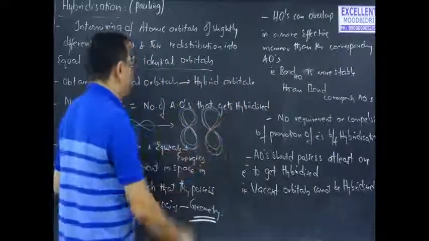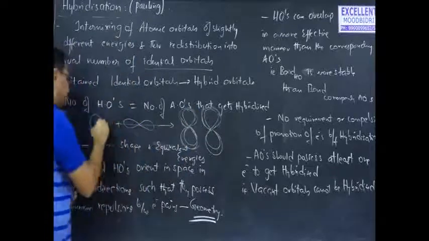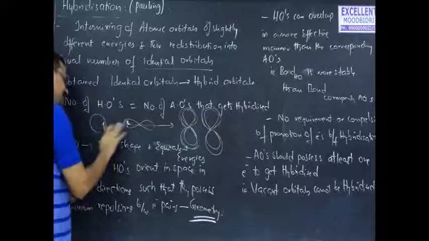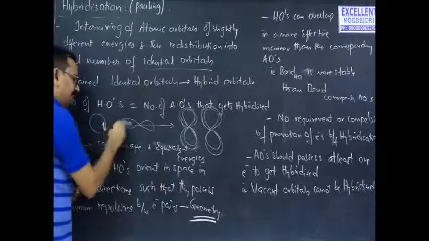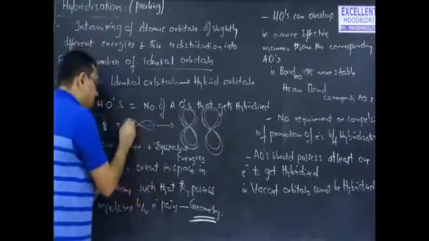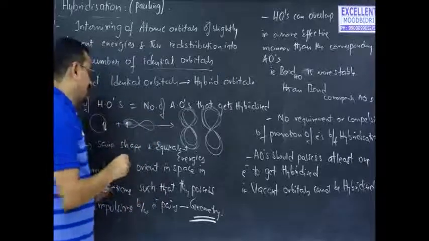To get hybridized, orbitals should have at least one electron, like this. Opposite spin only here also. Sometimes an orbital with an electron pair may hybridize with another orbital having an unpaired electron.